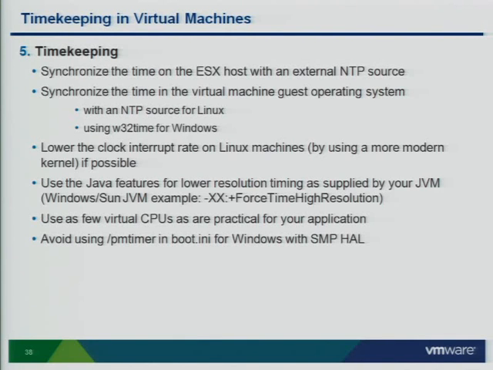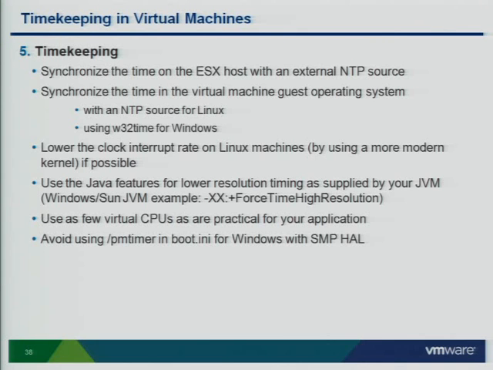If you happen to be using the Sun Hotspot JVM and Windows combined together, there's an option there called Force Time High Resolution, which you will see in some of the benchmarking parameters like spec.org. It actually forces the time resolution to be lower, and it actually helps you, we found, when we tested. Use as few virtual CPUs as are right for your application.